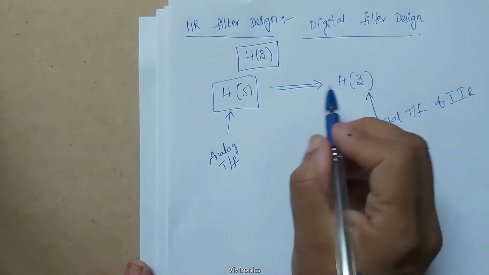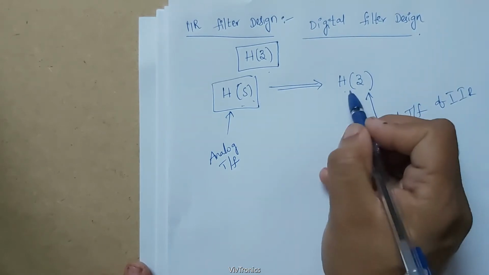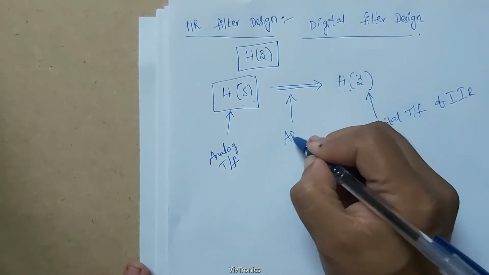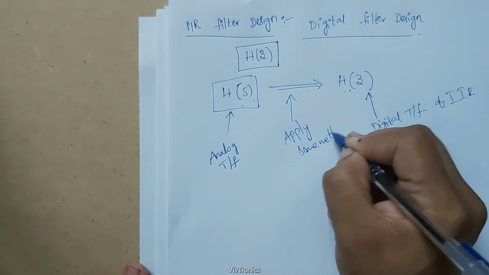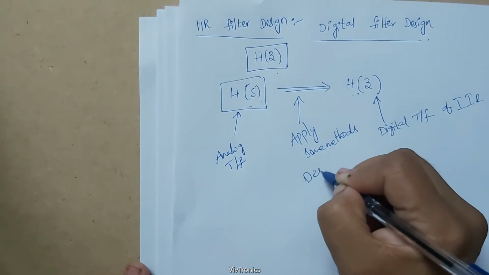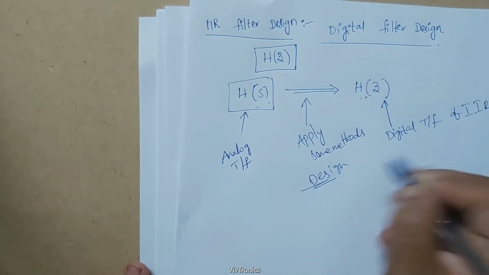In between H of S and H of Z, we need to apply some methods. So these are the design methods for our IIR filters.